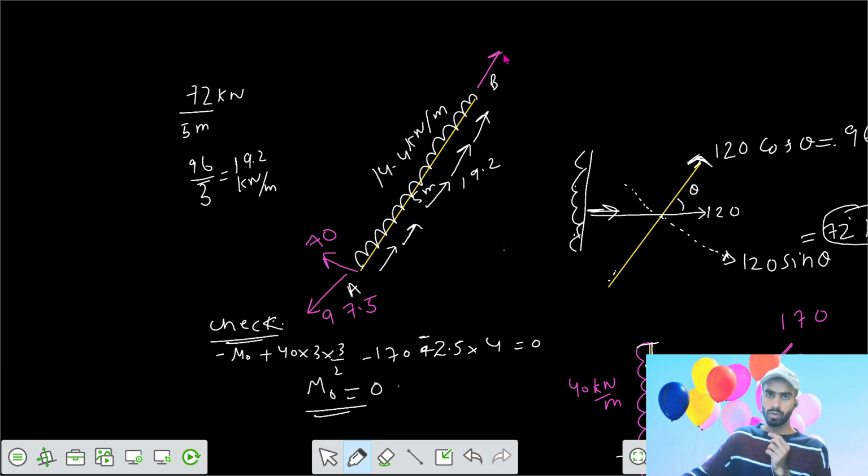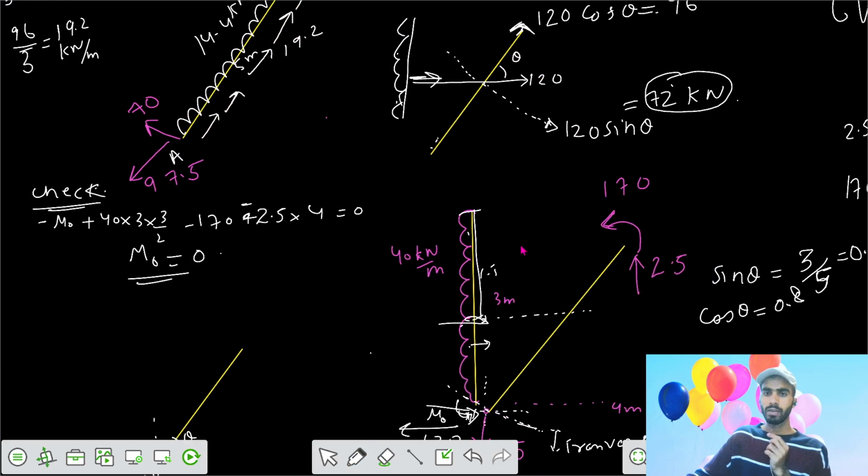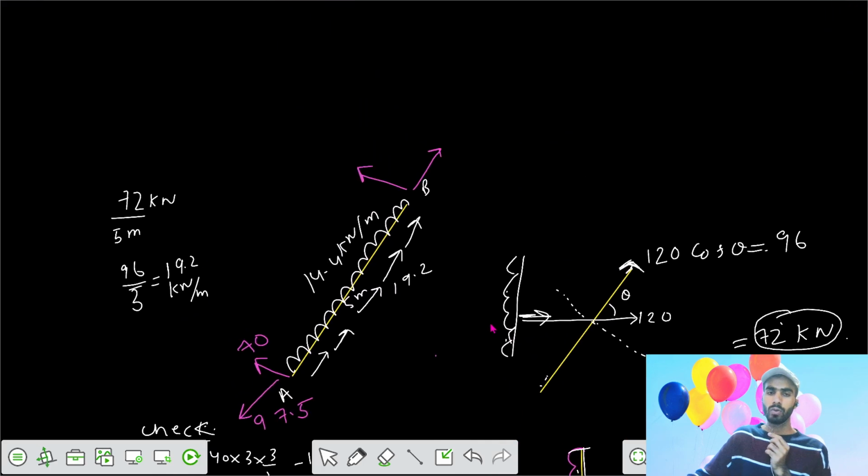Now we can get the resultant value here. Say we don't know the value, say we want to check what's the value of the force along the axis here, and the shear force here also. And there would be some net moment, because the moment here was 170, so the moment here is also 170.